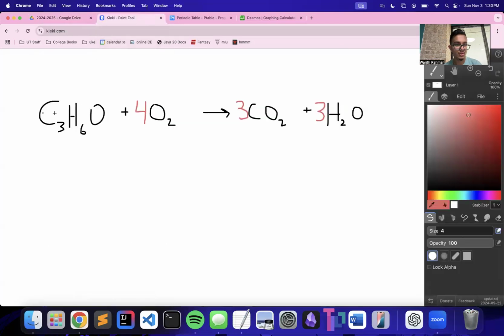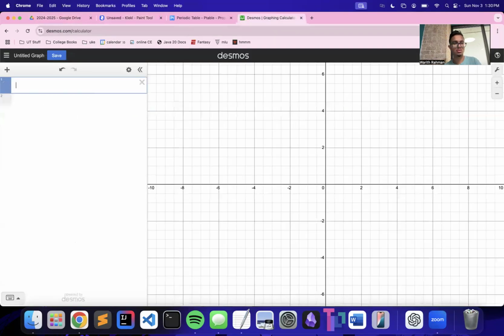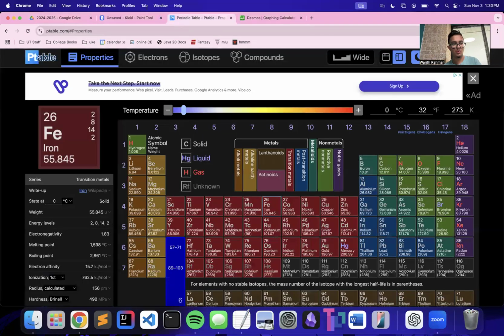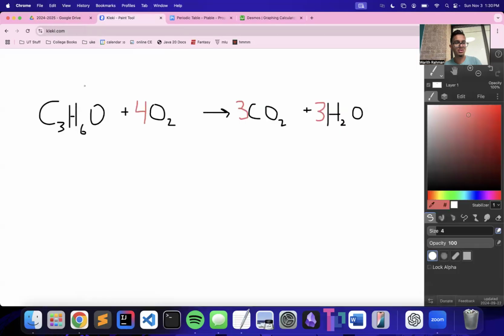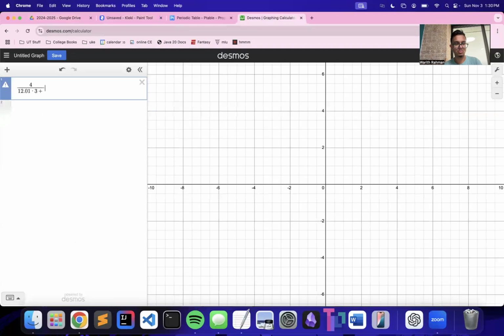Now, if we take 4 grams of acetone and convert this into moles, we get 4 divided by the total molar mass of C3H6O.